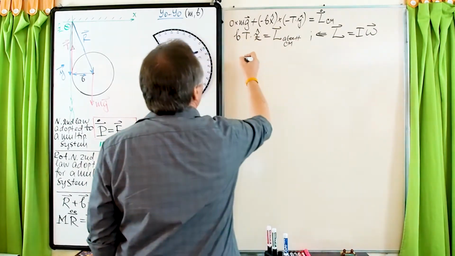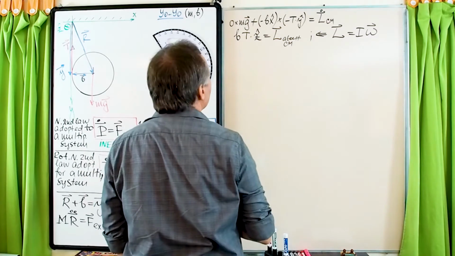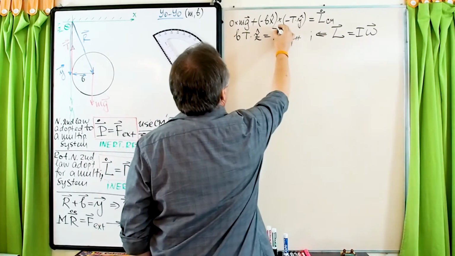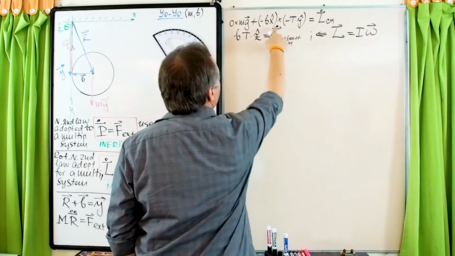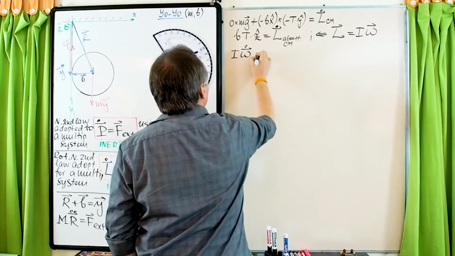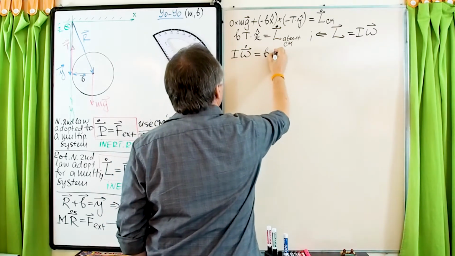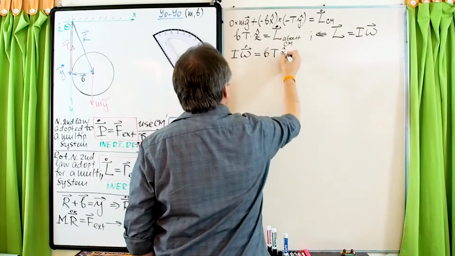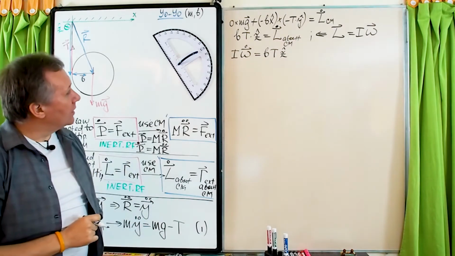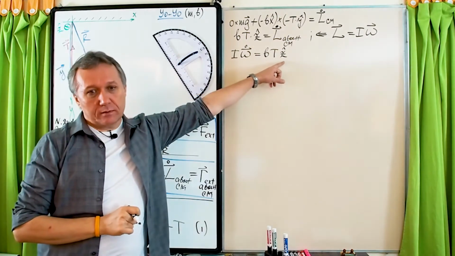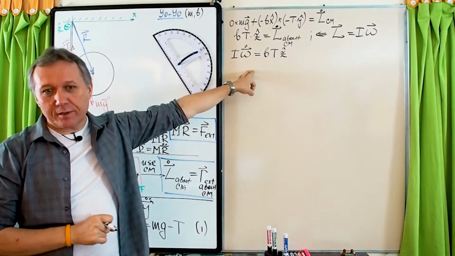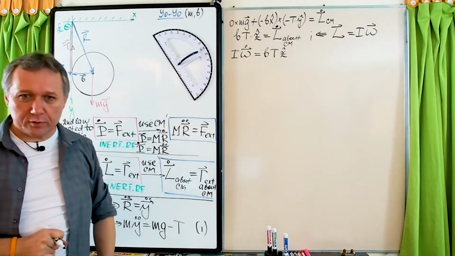So this is the rate of change, the dot is missing. As a result, I omega dot equals b T in the z direction. From now on I will drop the z direction. The angular acceleration is in the z direction, and omega will also be in the z direction.